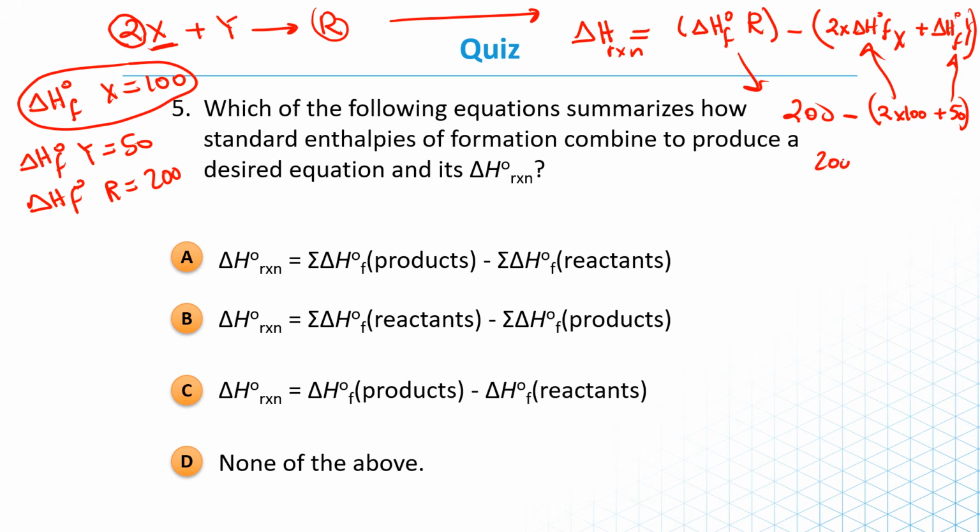So it will be 200 minus 250, which is equal to minus 50 kilojoule, for example, if the values were in kilojoule, guys. Okay? So we need to multiply.